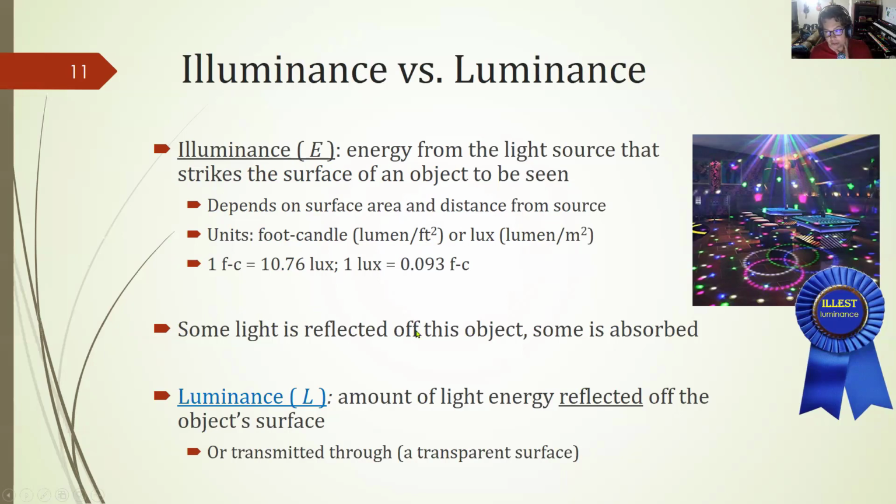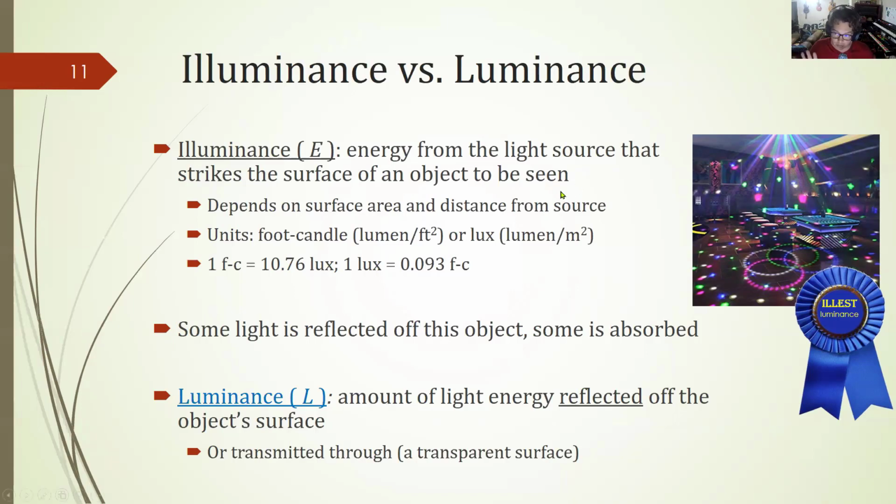All right, so some light is absorbed by this object, some is reflected off. The light that is reflected off, this is where we start talking about the light energy that represents the beam of light that is the imagery that the human eye needs to be able to process. So this is the light that is bouncing off of the piece of paper you have that is reaching the retina that is causing the visual experience.